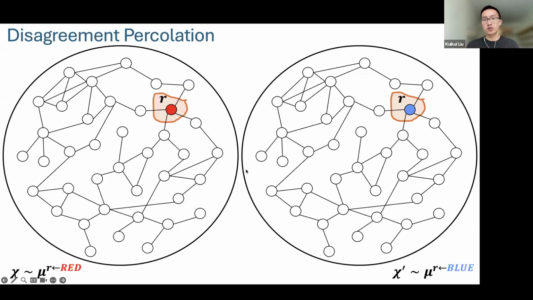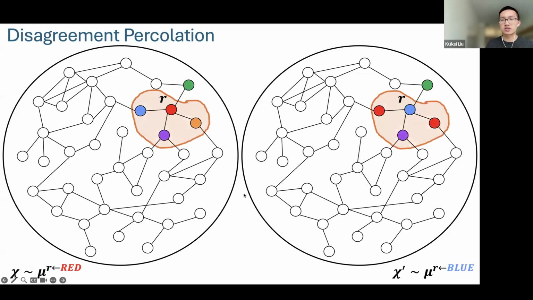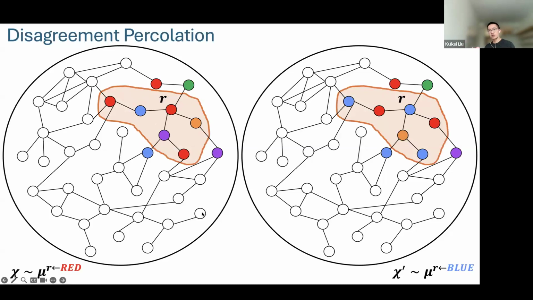And you can imagine designing this coupling iteratively. So maybe I start by coupling the vertices in the one-step neighborhood of this vertex R. And this maybe generates several disagreements, maybe these three vertices, which are surrounded by this orange blob here. And then maybe I try to couple the two-step neighborhood of this vertex R, and the set of disagreements maybe grows slightly to this orange blob here.